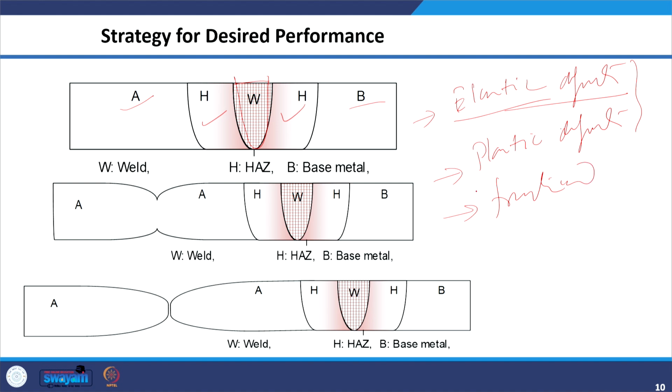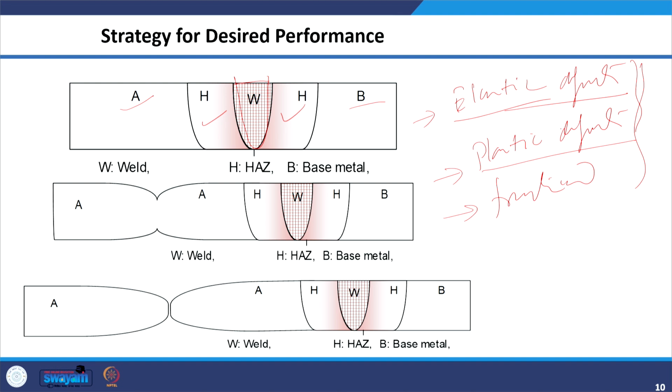So, these are three different ways by which a typical weld joint can fail. Elastic deformation means the joint is experiencing elastic deformation beyond the acceptable limit, or plastic deformation beyond the acceptable limit, or complete fracture can take place. So, this is one criterion based on which joints can fail.